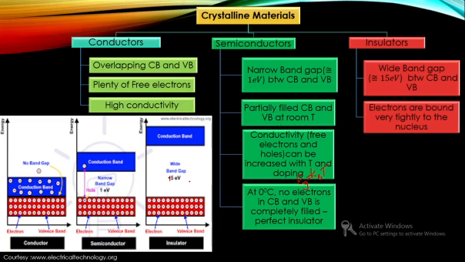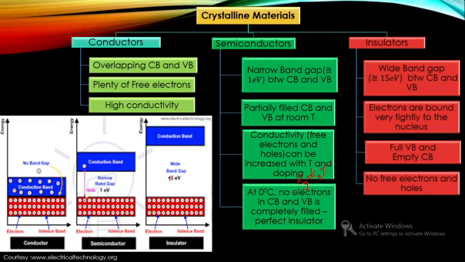So a very huge amount of energy has to be supplied to make them conducting electrons. So in general we can say they will have a full valence band, which means the electrons are occupied in the valence band, while there are no free electrons in the conduction band, so it is an empty conduction band.